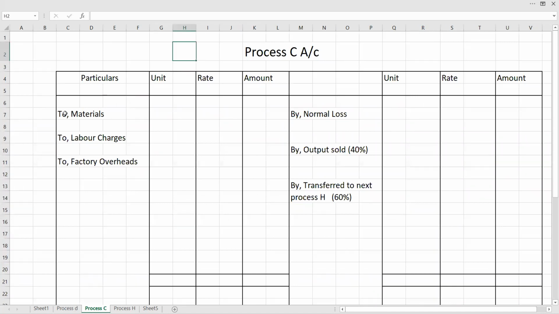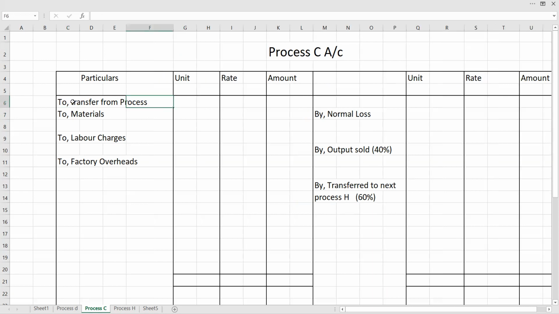First we will record the materials that are transferred from process D account.